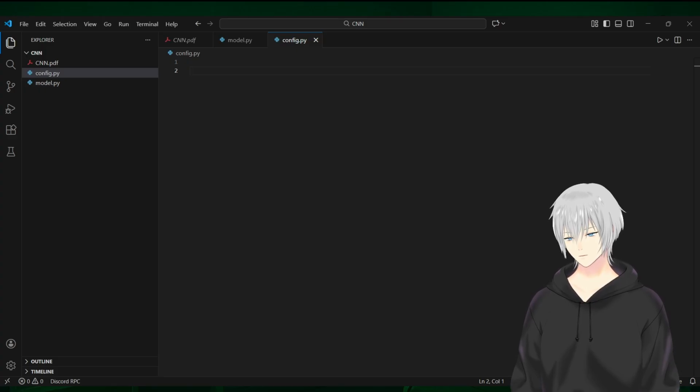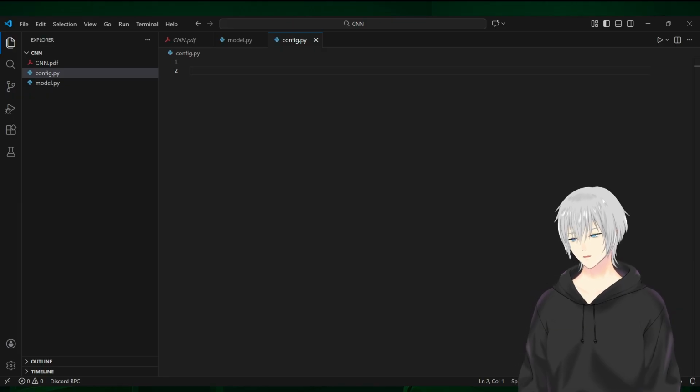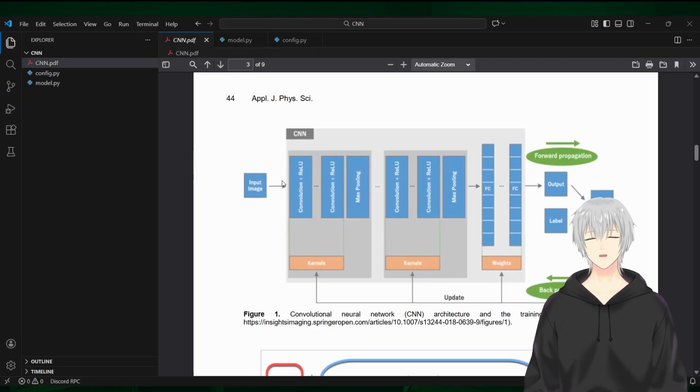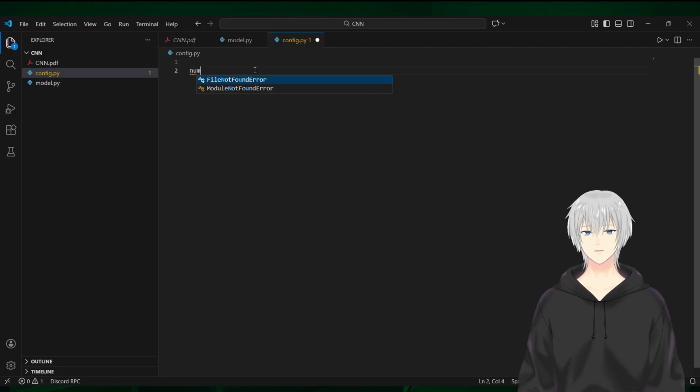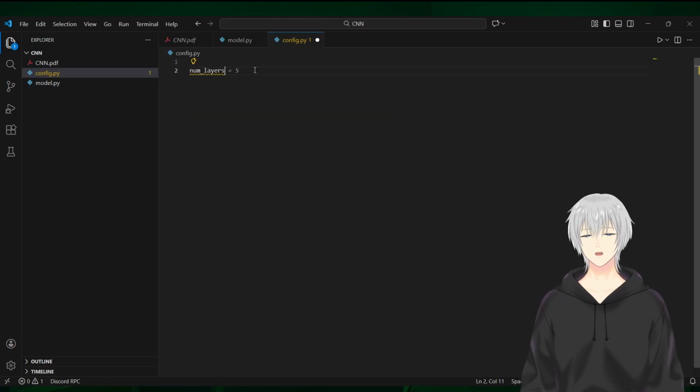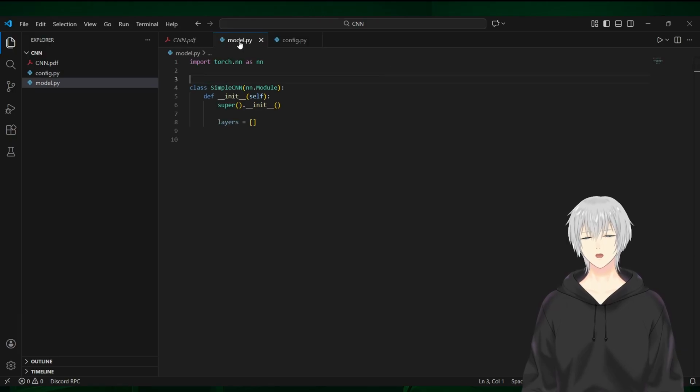Yeah, I mean this is basic, so I kind of need to know how the CNN works. So we need to make it input and then num layers is equal to 5. Okay, let's do that.